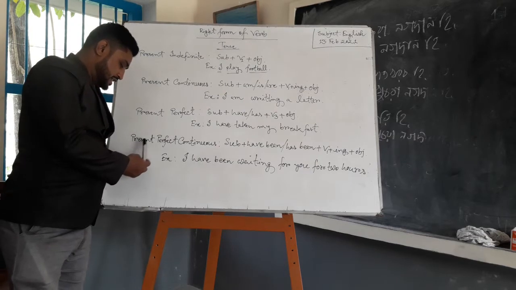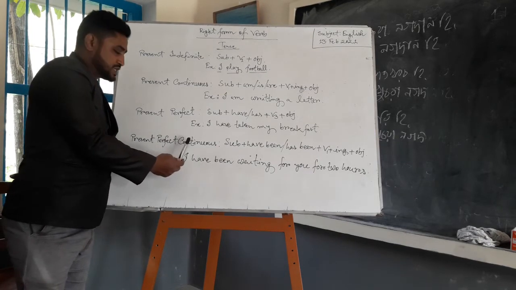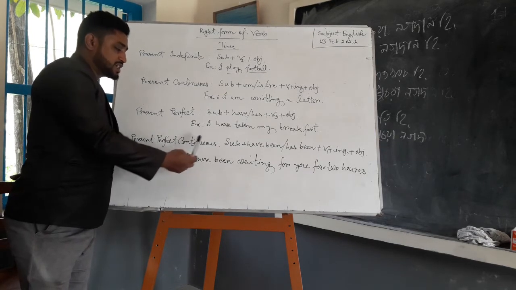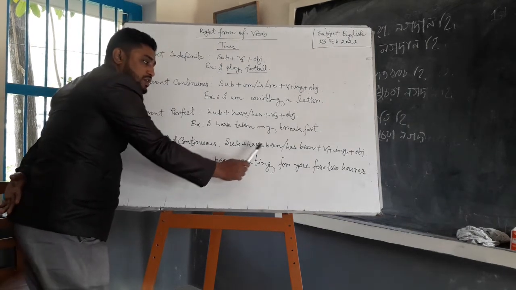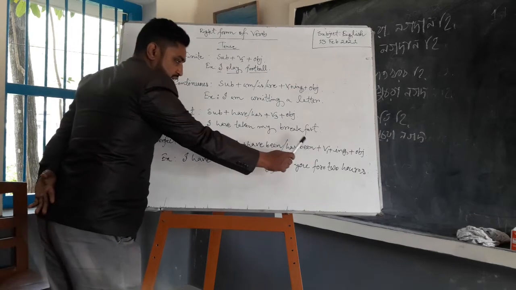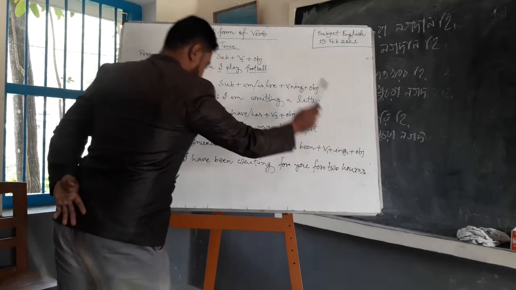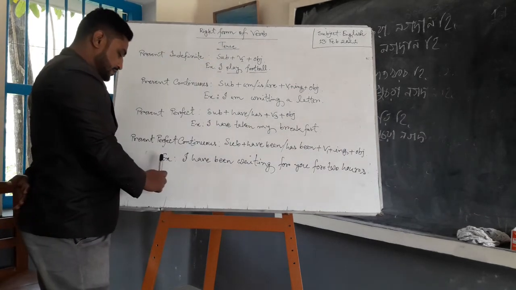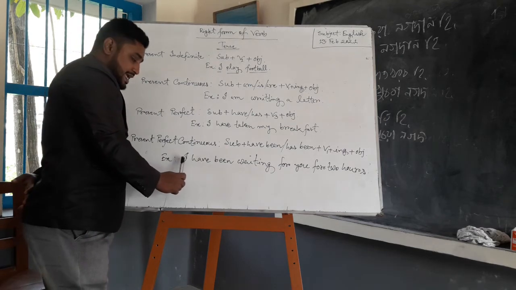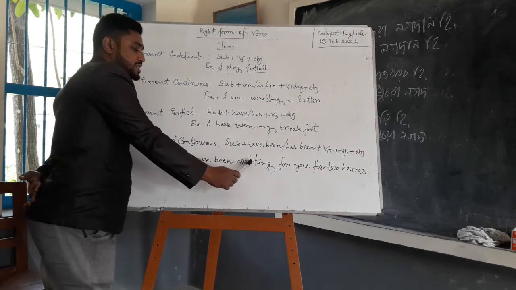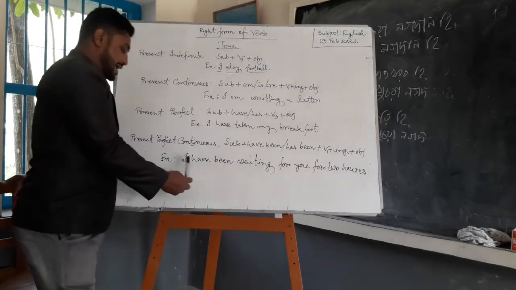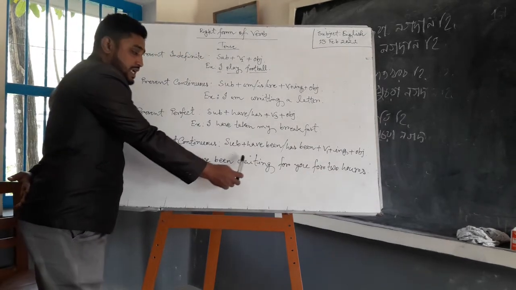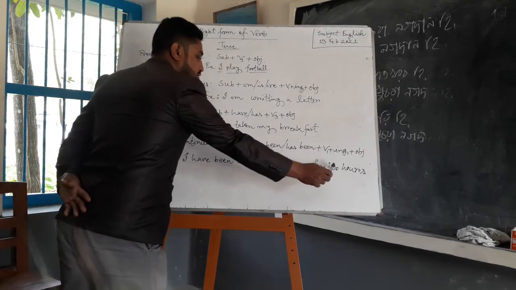Next one is present perfect continuous tense. Subject plus have been/has been plus verb 1 plus ing plus object. Example: I have been waiting for you for 2 hours.